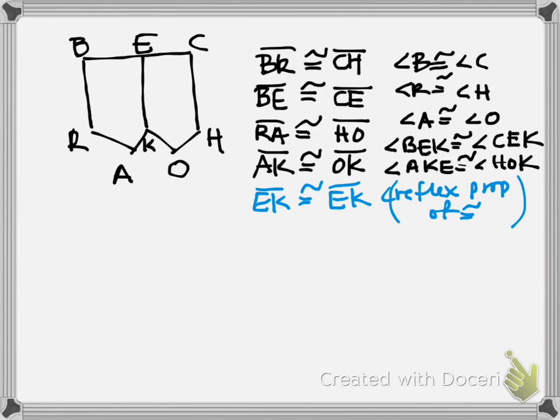At this point, I can get to the conclusion that getting my letters B, R, C, H, R, A, H, O, A, K, O, K, E, K, which would be the same as K, E, and I could get that polygon break or pentagon break would be congruent to pentagon choke.